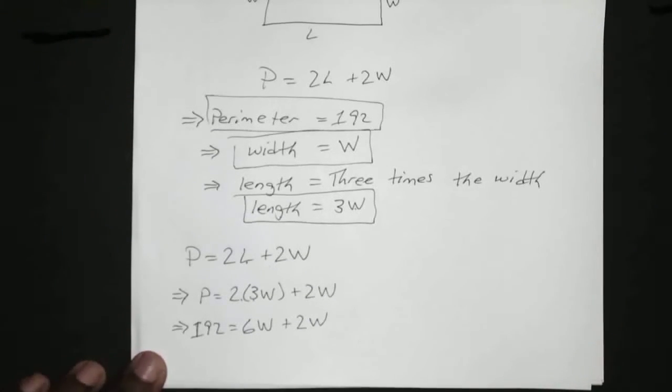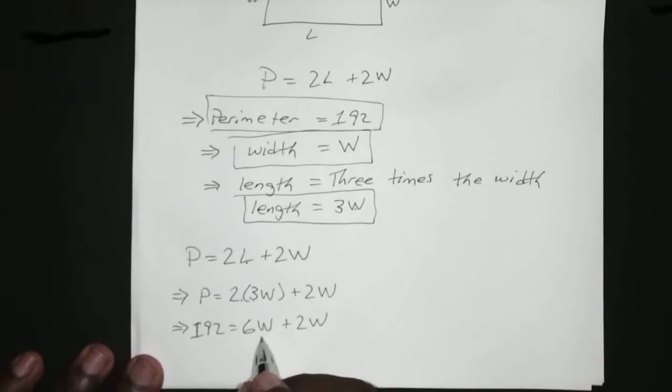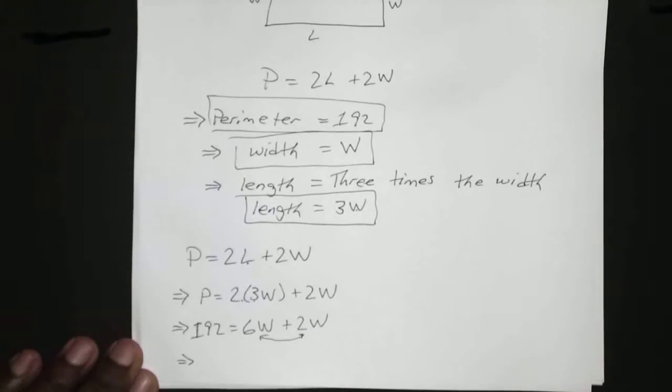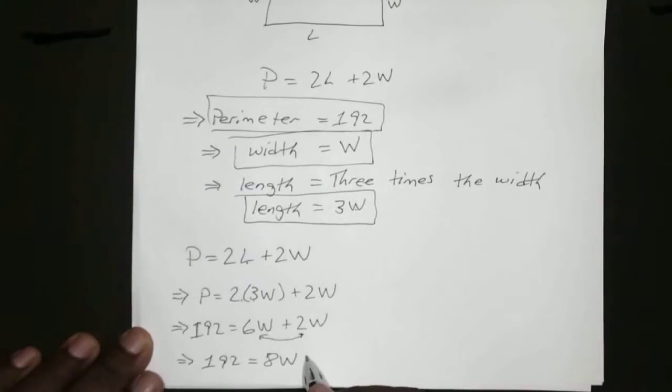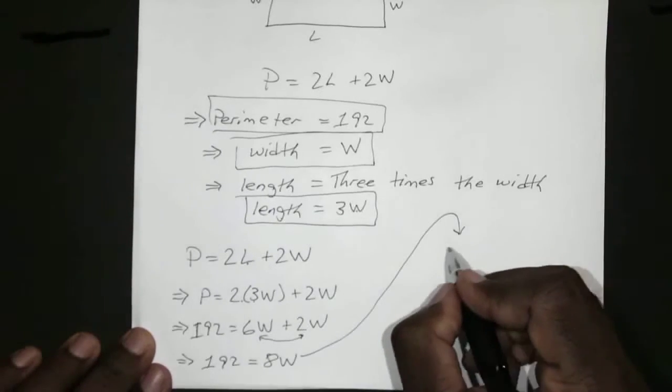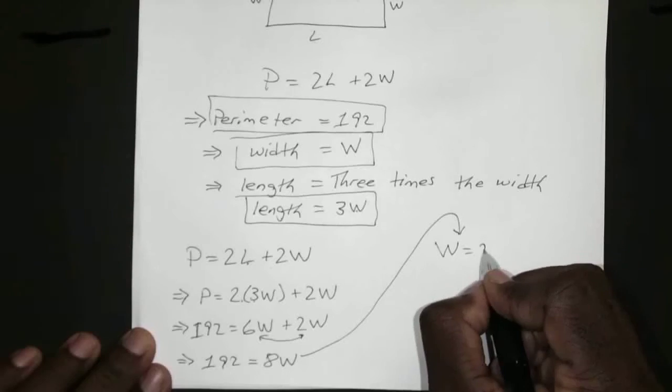Okay. So if we combine those two, that'll give us 8W. Okay, so 192 equals 8W. Divide both sides by 8. You end up with a width that equals 24.